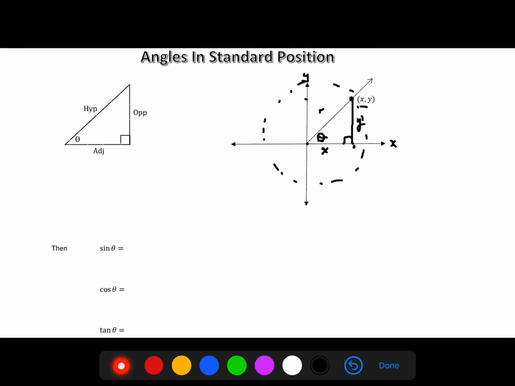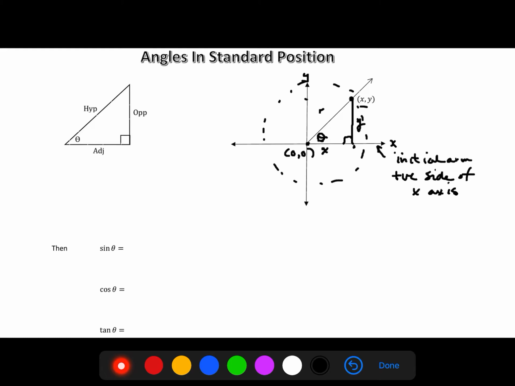So using that, we have our middle value of 0, 0, which would be the center of our circle as well. And as I mentioned, the initial arm of our angle is the positive side of the x-axis. So we're always going to create our triangles with the x-axis.